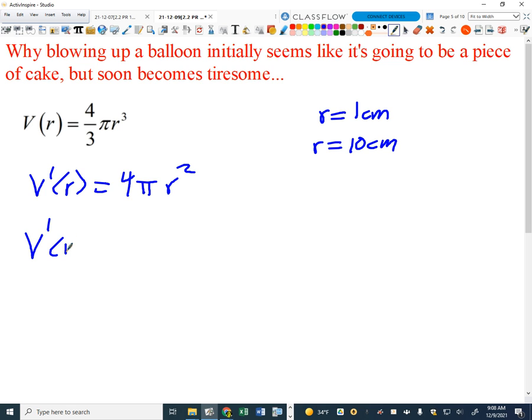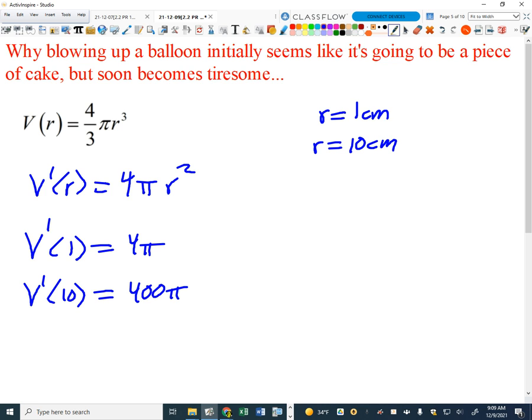V prime of 1 is equal to 4 pi, right? V prime of 10 equals 400 pi, right? So what's that telling us then?